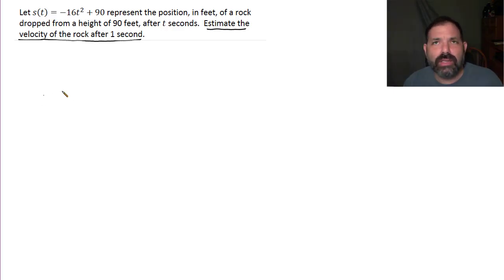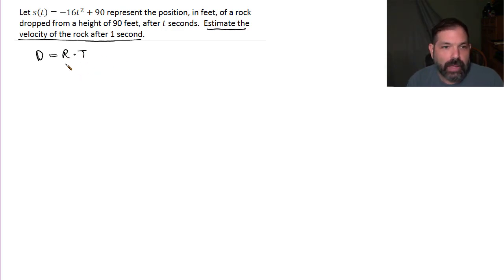How are we going to figure out a velocity? Well, here's one thing I know. Back in algebra, if we had a consistent rate of speed, then we had a basic distance formula. We know that distance is rate times time.